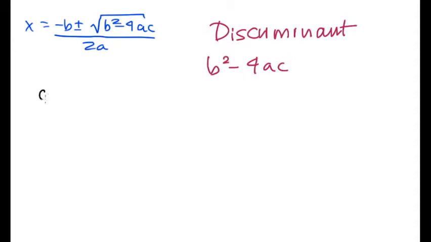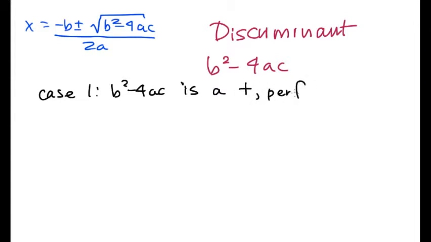Case 1 is that the discriminant b squared minus 4ac is, and this is usually unlikely, a positive perfect square. What happens here is that the roots are going to be unequal rational numbers.